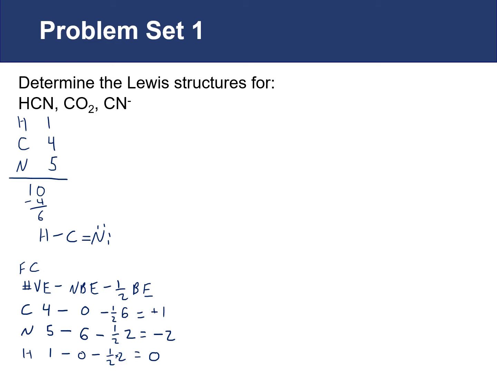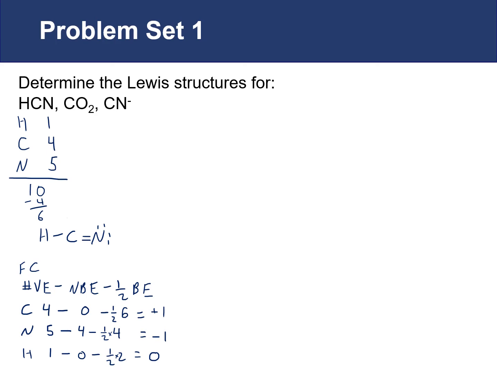For our nitrogen, we have now 4 non-bonding electrons minus 1/2 of our number of bonding electrons. It has a double bond, so that's 4 bonding electrons. This gives us a total of 5 minus 4 minus 1/2 of 4, which is 2, gives us a -1.